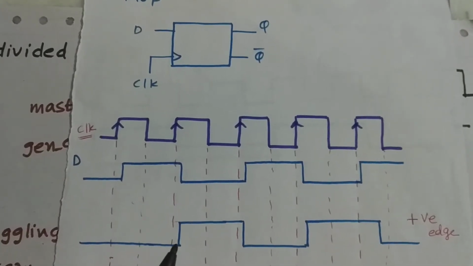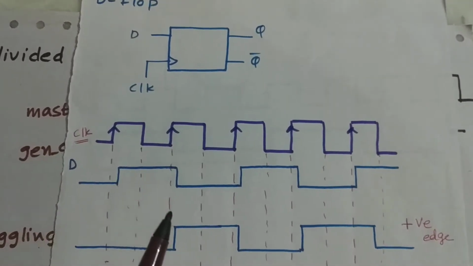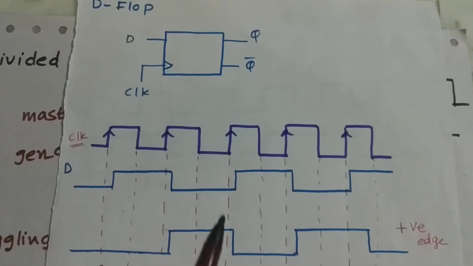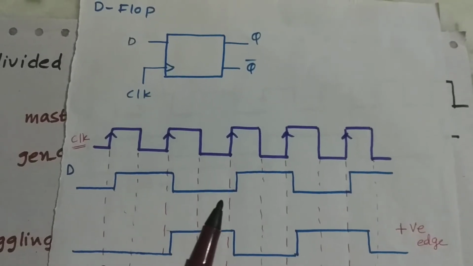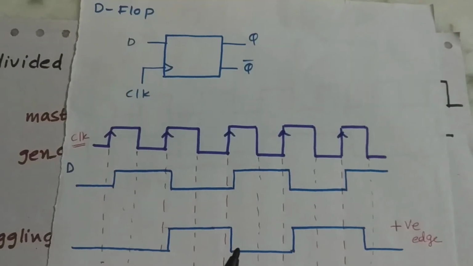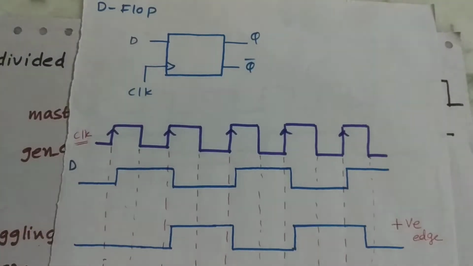And we have some hold time, and then we check at this posedge it's 1, so it will be 1 from this posedge to this posedge, and at this posedge it's 0, so it will continue as 0 after the hold time from this posedge to this posedge and continue.